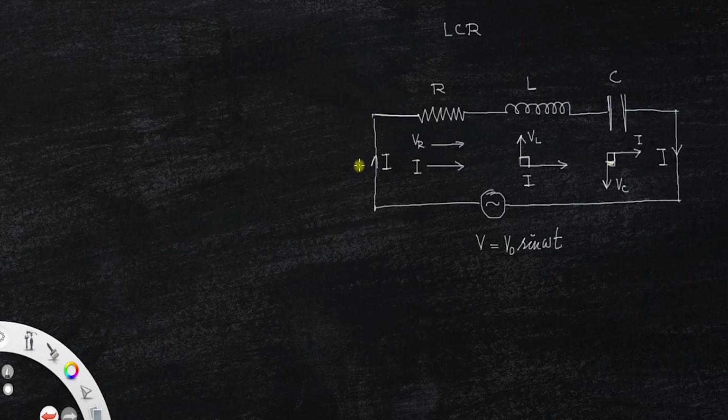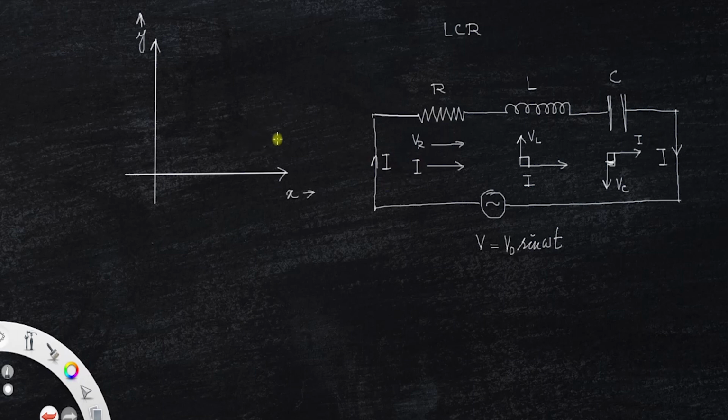Now, using all these data, we can draw a phasor diagram. So let me draw a phasor diagram. So this is the y-axis, this is the x-axis. Now first we represent the voltage across the resistor, because the direction of the voltage and current are the same.